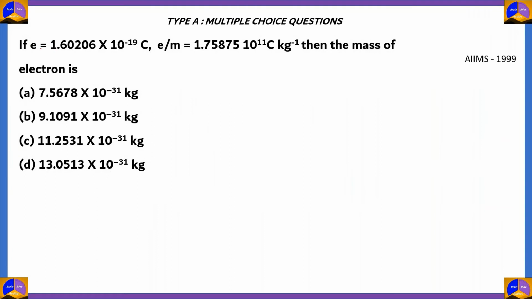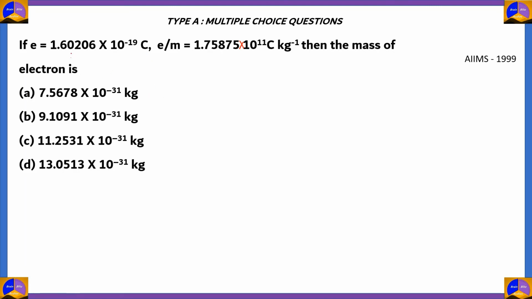Next question. If e is 1.60206 into 10 raised to minus 19 coulombs, and e by m is 1.75875 into 10 raised to 11 coulombs per kg, then the mass of the electron is.